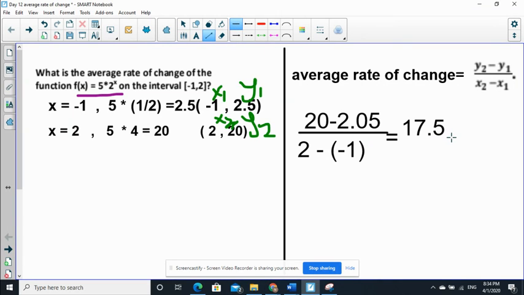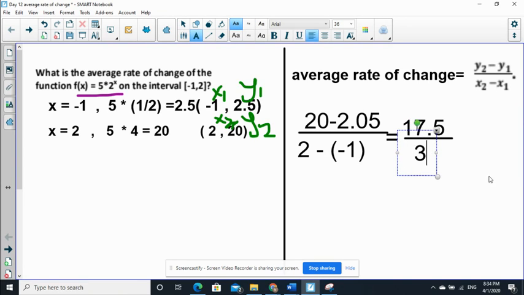You have two negative signs here. 2 minus negative 1 means 2 plus 1. Okay, negative and negative give you positive. 2 minus negative 1 equals 3. So the answer is 17.5 over 3. This is the average rate of change for this function.